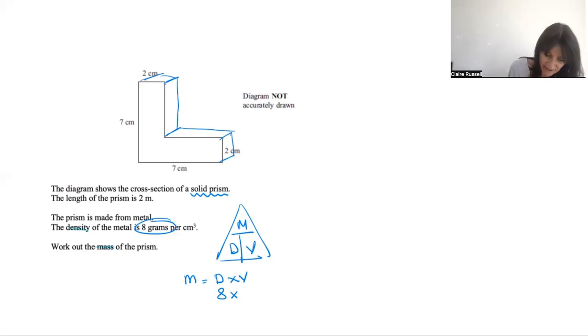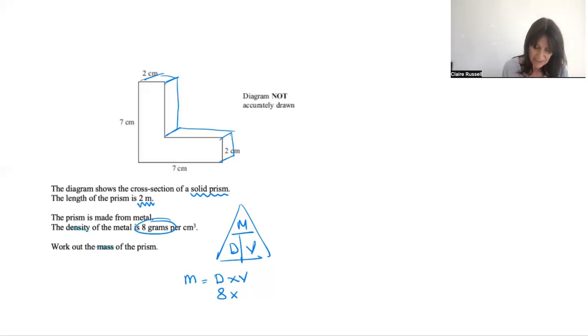And like I say, they've said that the length is 2 meters, which is a completely different unit to the rest of the cross section, which has been given to us in centimeters. So we really need to decide whether we're going to go meters or centimeters, or do we even have a choice? So this is where we keep going back and we keep reading that question and checking in with details.